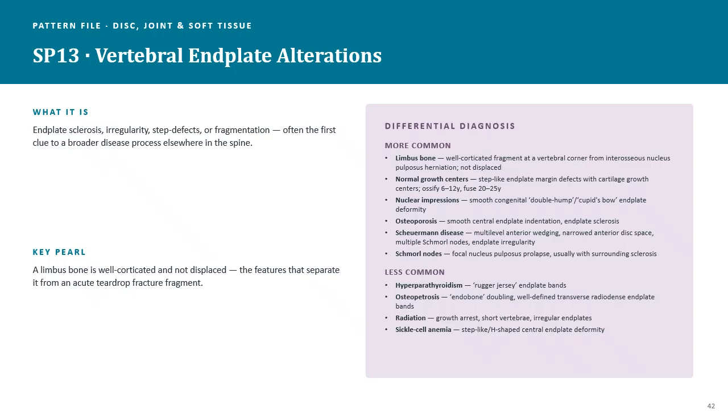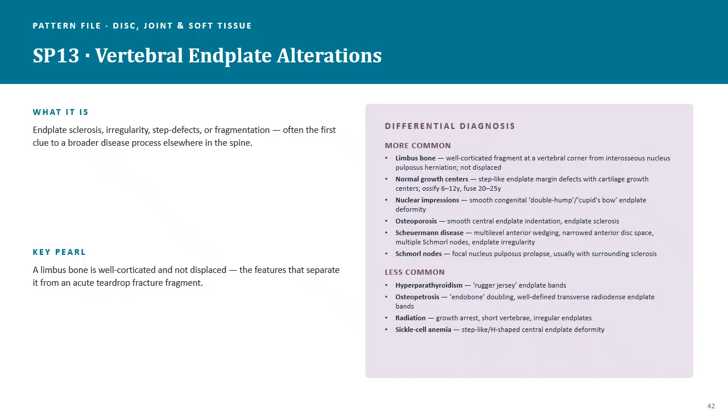So one common finding is limbus vertebrae, and when we talk about limbus vertebrae, we're basically talking about a bit of separated bone that we're seeing. It happens when a small piece of that vertebral edge becomes separated during development.